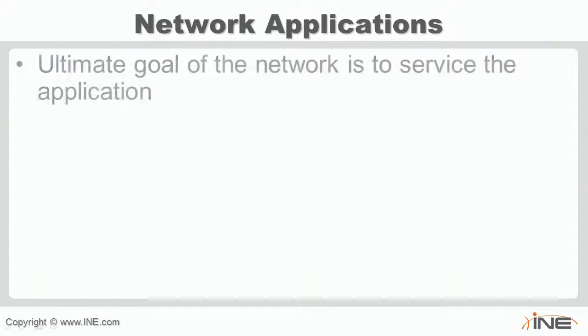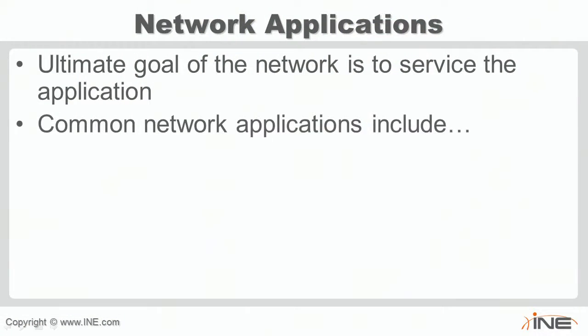So as I mentioned before, this is always our ultimate goal with the network, is that there's some sort of application, whether it be web browsing or stock tickers for financial, that's going over the network, and we need to make sure that we're providing the correct level of service. So some of the common ones, I'm sure pretty much everyone's already familiar with them.